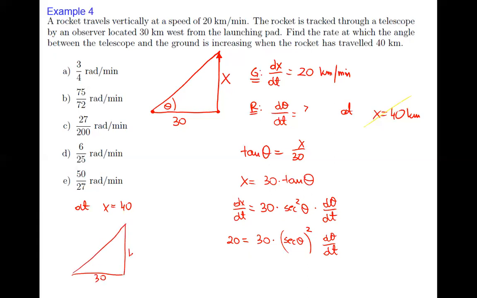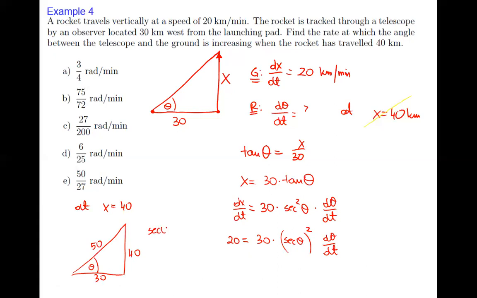This is 30, this is 40, and from the Pythagorean identity, we can compute the hypotenuse, 50. 3, 4, 5, 30, 40, 50. And that's my angle. Now, having a right triangle solved, I can easily get any ratio, and I need secant theta.